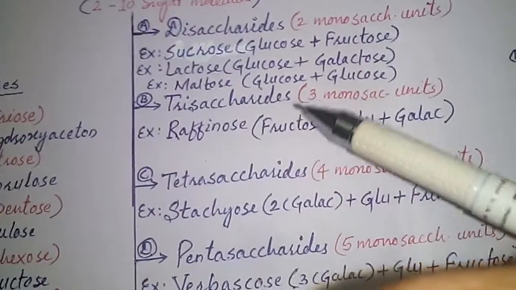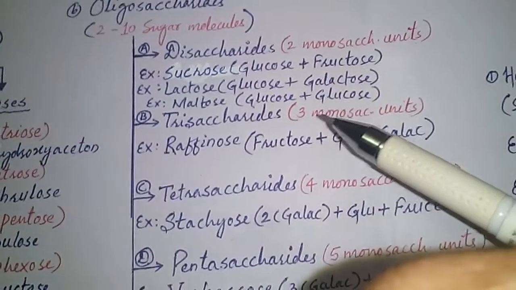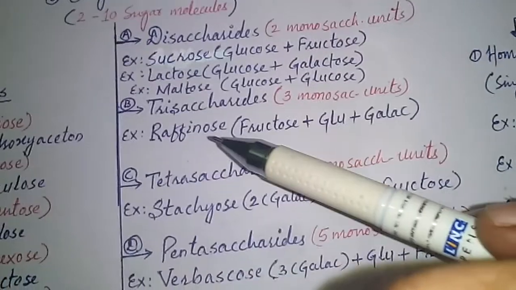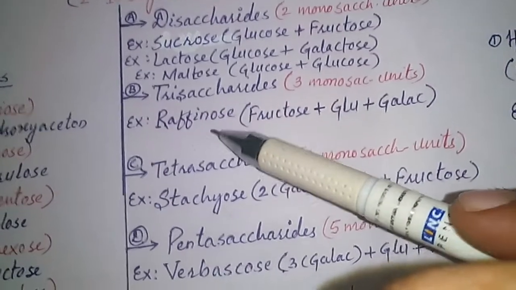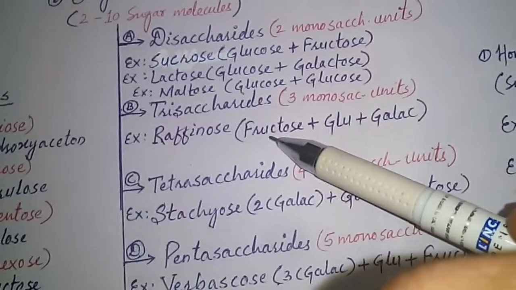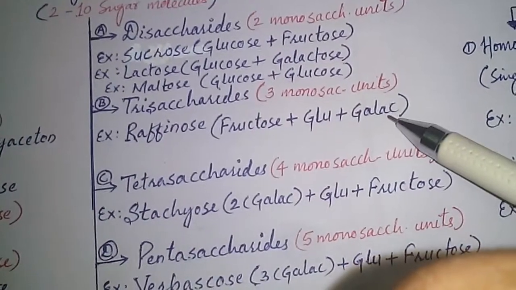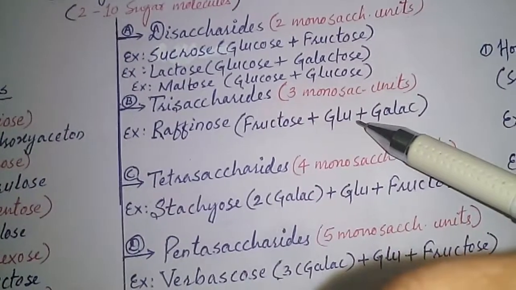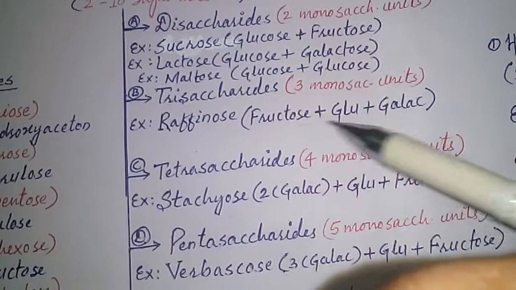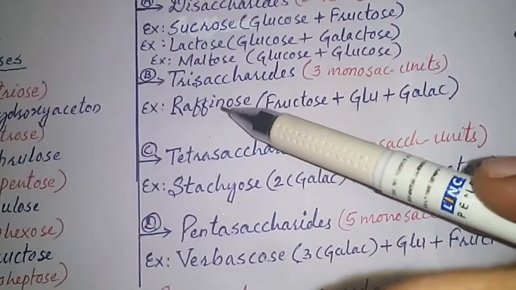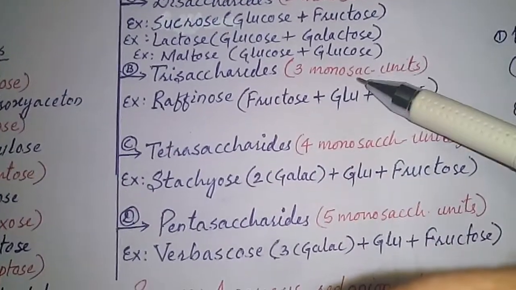The example of trisaccharides is raffinose, in which one molecule of fructose, one molecule of glucose, and one molecule of galactose are there. These three, galactose, glucose, and fructose, combine by the glycosidic bond to form raffinose, which consists of three molecules of monosaccharides.